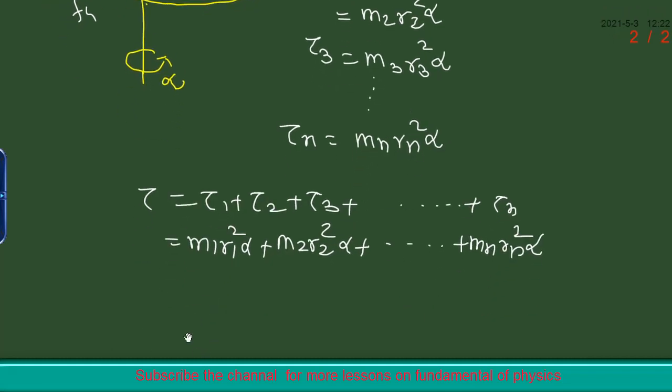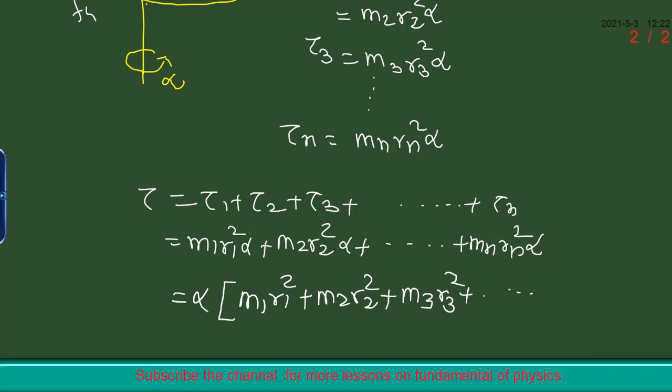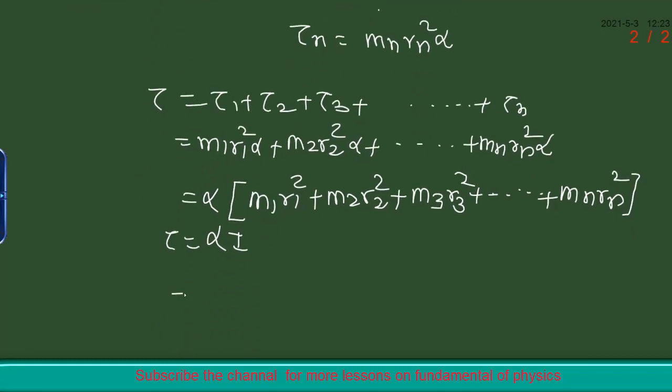Now taking the common term outside the bracket, we will get alpha in bracket M1 R1 square plus M2 R2 square plus M3 R3 square, last Mn into Rn square. But the bracketed term is nothing but moment of inertia. Hence the equation becomes torque equals I into alpha, our required equation for torque acting on rotating body.